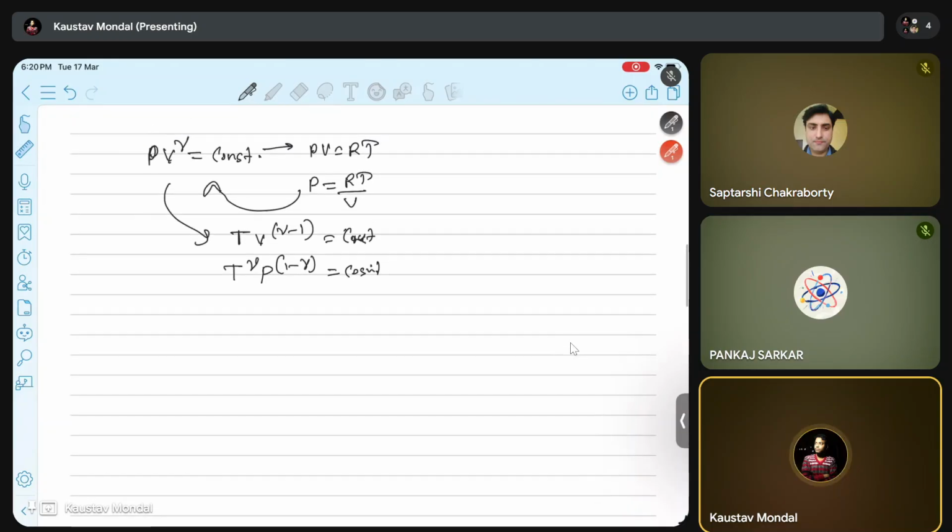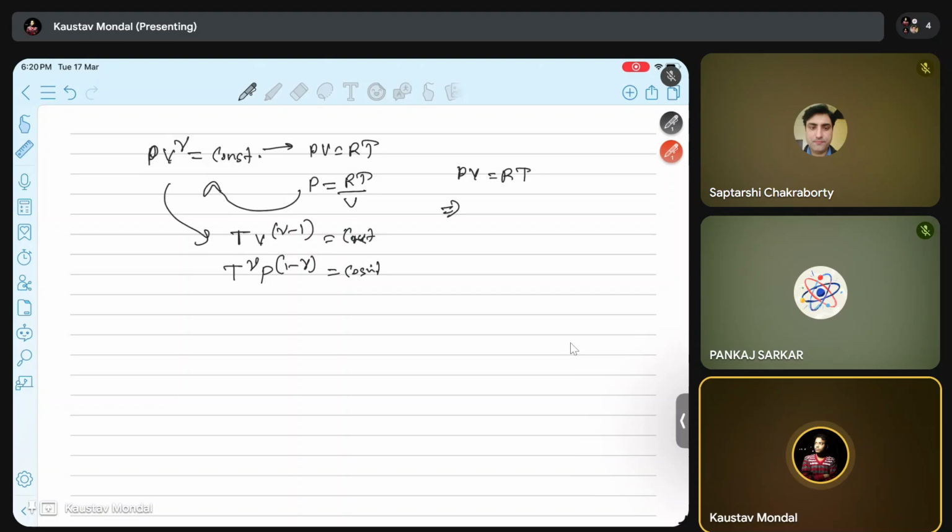For an isothermal process, the relation for an ideal gas is simply PV equal to RT.